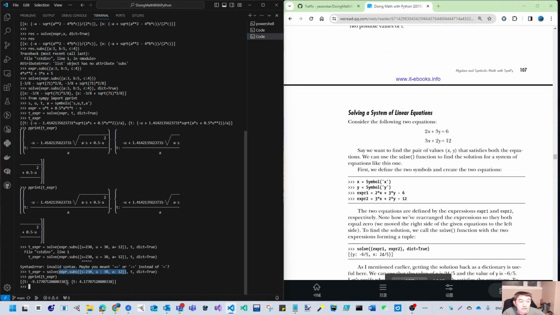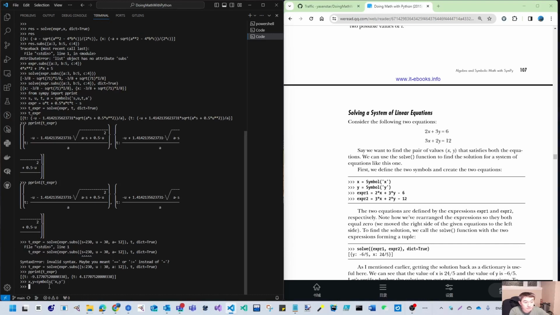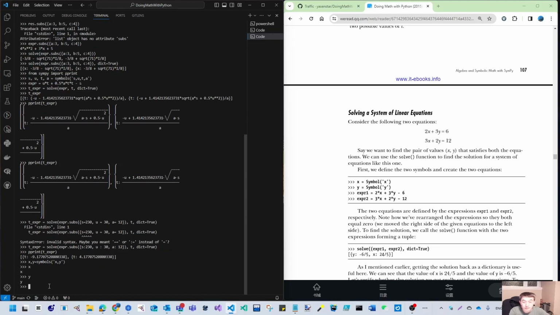And then what if we have two equations? That is the linear equations, how can we solve that? So let's see. We have x, y equal to symbols. Try to get familiar with assigning multiple symbols altogether. So x is x, y is y.